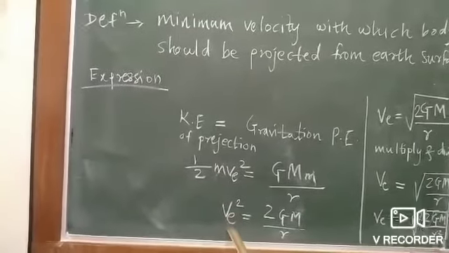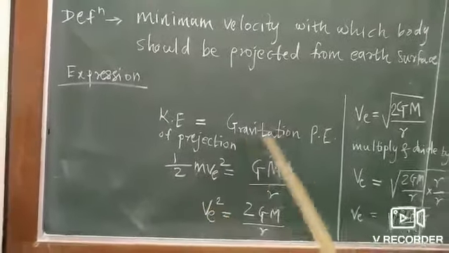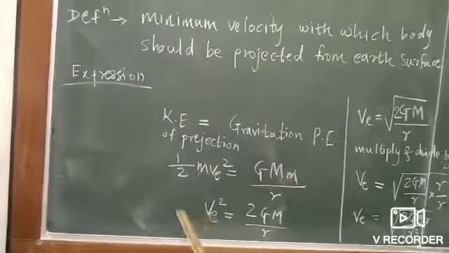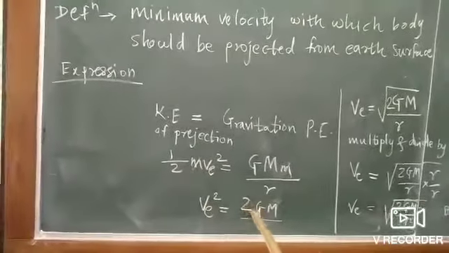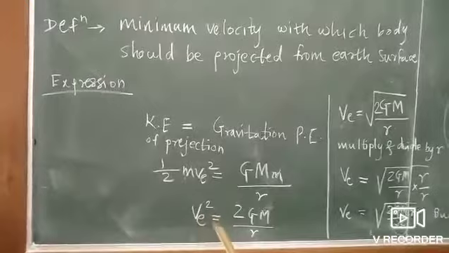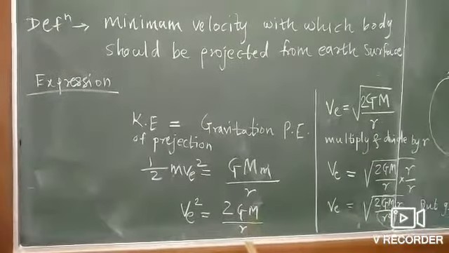So we can write the equation for v square. The small m and small m get cancelled, and this 2 goes to the other side. We get v square equals 2GM upon R.